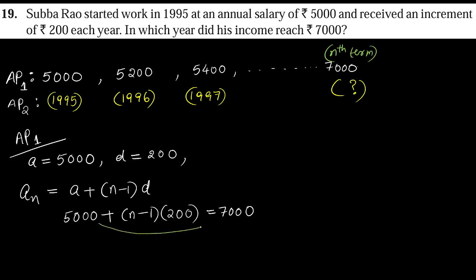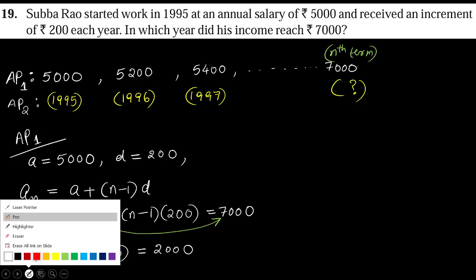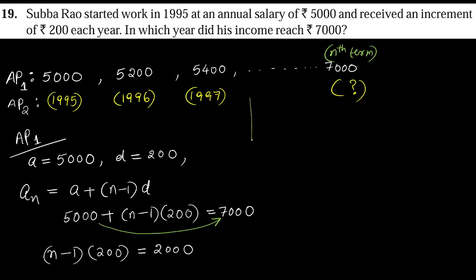Let me transfer this 5000 to the other side. These are simple steps. (n minus 1) into 200 equals, on the right side, 7000 minus 5000, which is 2000.